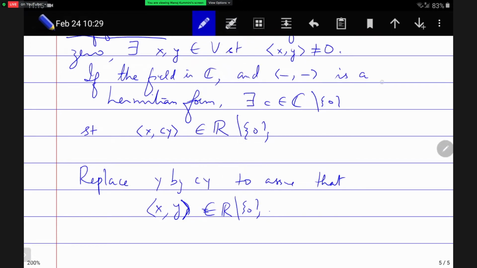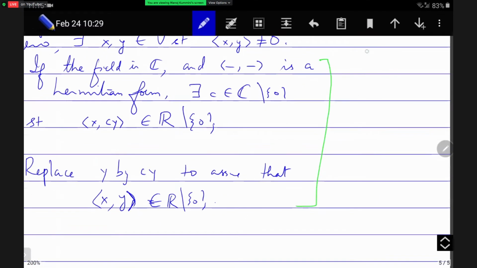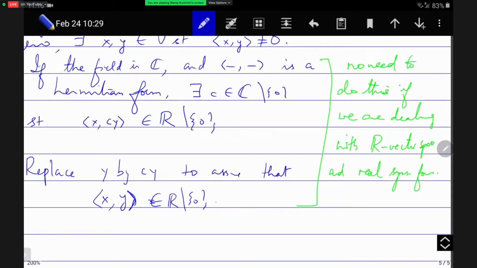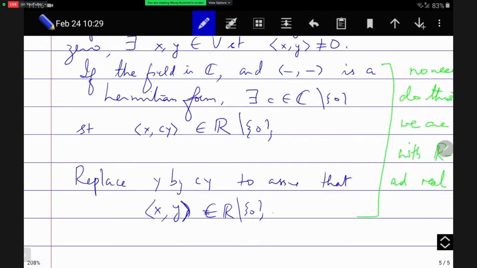Maybe just add that as a remark: no need to do this if we are dealing with real vector spaces and real symmetric forms. This is required only if you're in the complex case.